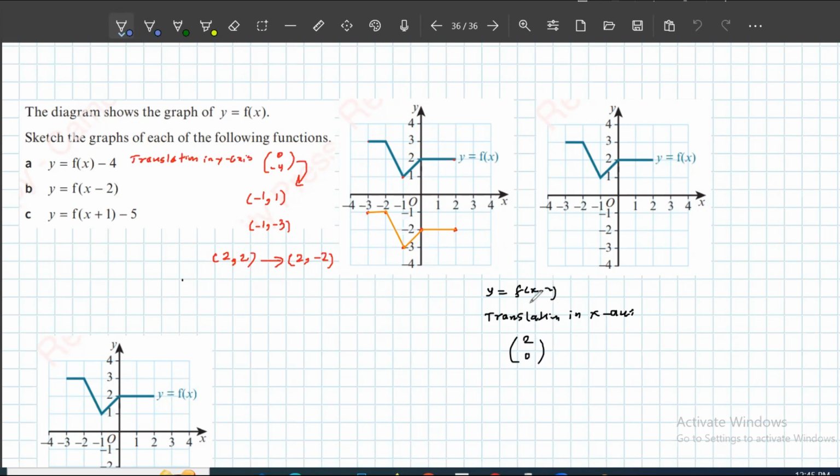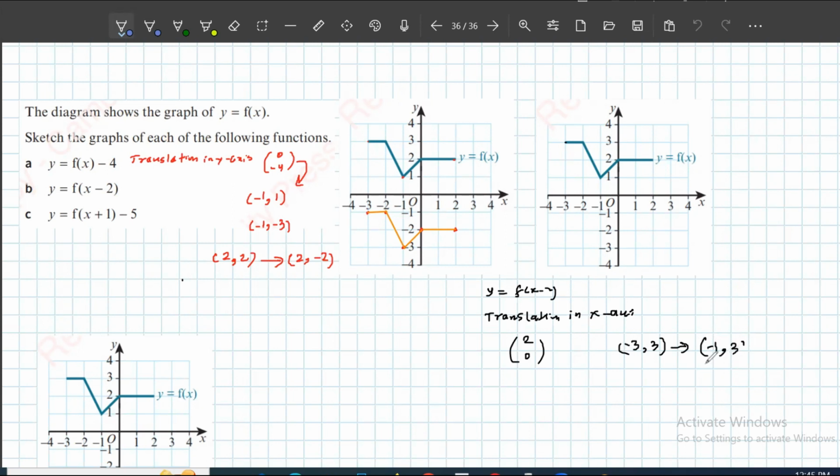We always choose the opposite sign. So that means the new, for example, we have one point which is, let's suppose, (-3, 3). After applying this translation vector, it would be -3 plus 2 gives us -1.